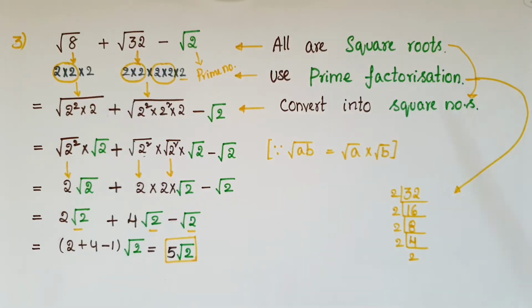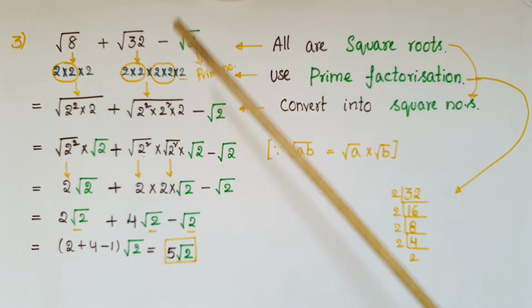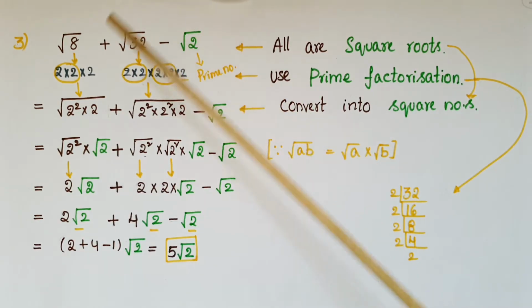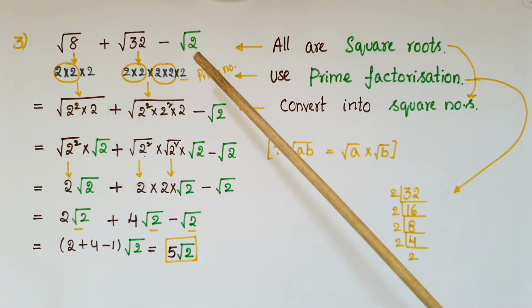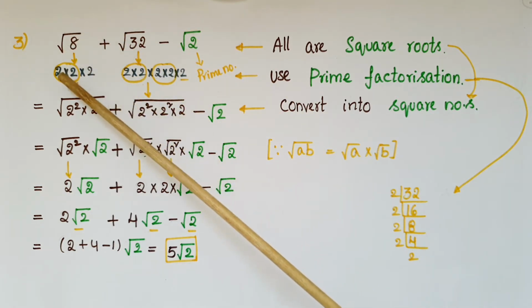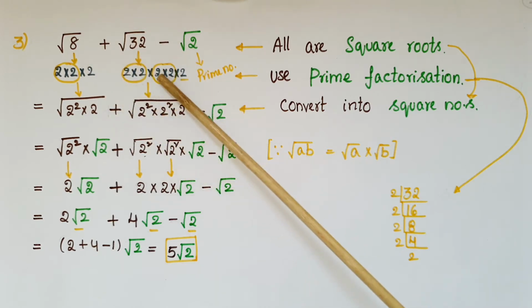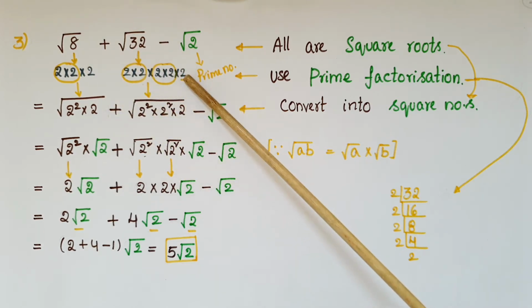Next example is root 8 plus root 32 minus root 2. So here root 2 is an irrational number and all are square roots. So first write prime factors for each number. So 8, the prime factors here are 2 into 2 into 2, and 32, 2 2s are 4, 4 2s are 8, 8 2s are 16, 16 2s are 32.